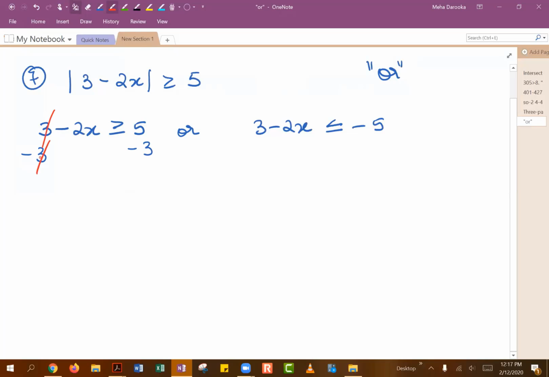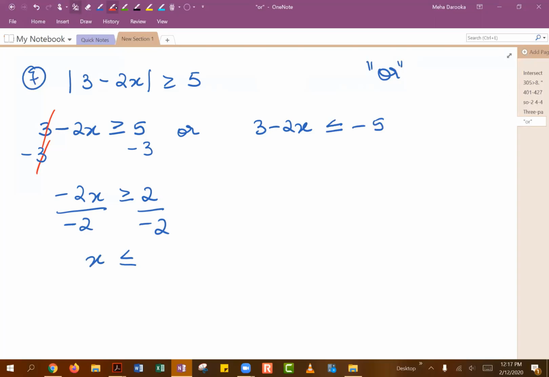All right, guys, so start by subtracting that 3. You will be left with minus 2x greater than or equal to, what do I have on the right? 2 again, 5 minus 3 is 2. Now, we are dividing by a negative 2. So our inequality symbol has to change directions. Okay, we've got x on the left-hand side.